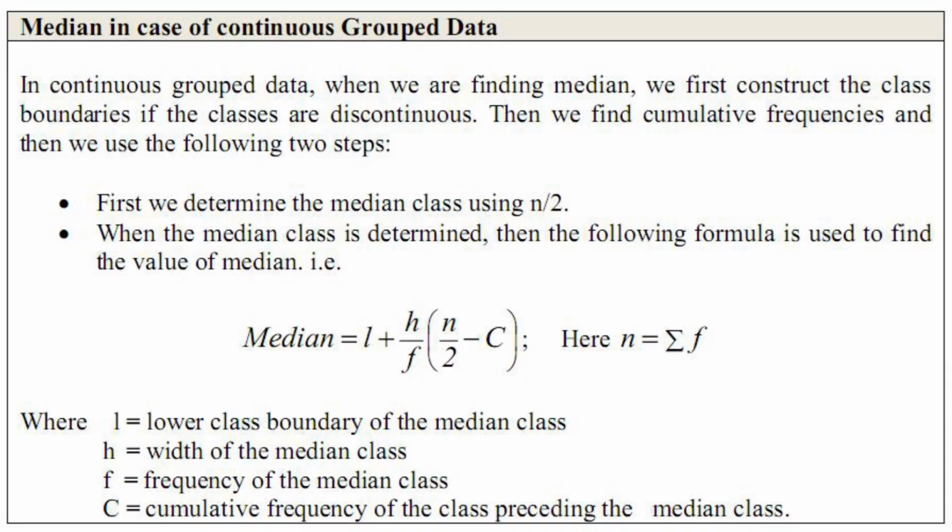In a continuous group of data, to find the median, we first find n by 2, then find the median class, then use the formula L plus h by f, n by 2 minus c, where n is summation f. L is the lower class boundary, h is the width, f is the frequency, and c is the cumulative frequency. I will show you in the example how to find these values and how to find the median.